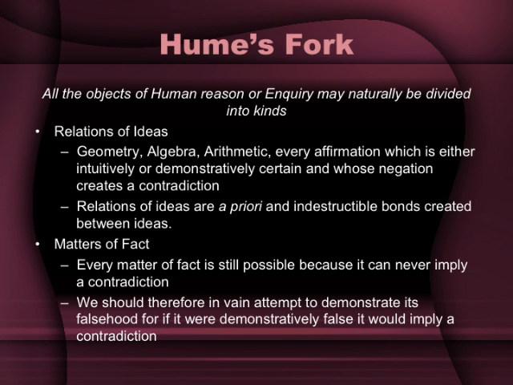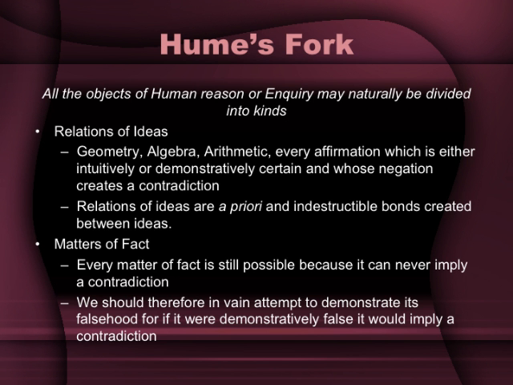So, relations of ideas are certain in the way we reason. The way we reason is built so that the argument that we present is certain by the statement itself. As he says, the relations of ideas are a priori.